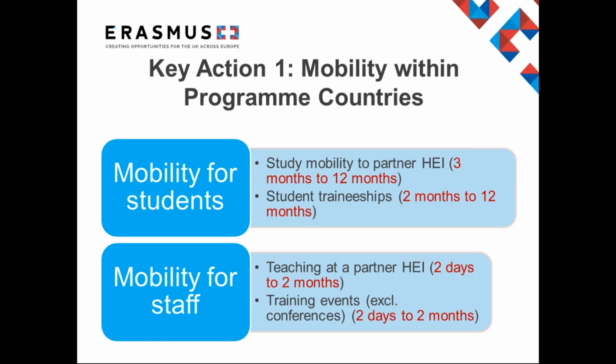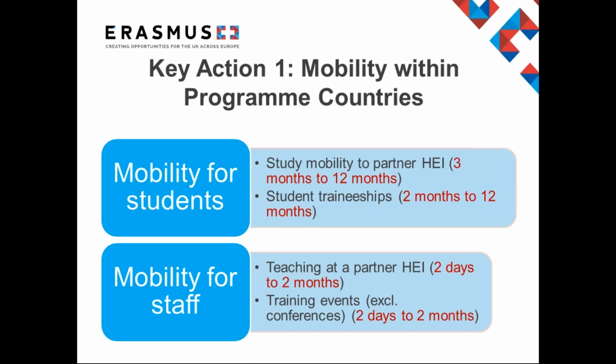Under Erasmus Plus, students can undertake a maximum of 12 months Erasmus Plus mobility per cycle. A cycle is equivalent to a bachelor's degree, a master's degree, or a PhD level degree. There are also teaching and training opportunities for staff. Teaching and training mobilities for staff must be from 2 days to 2 months long under this strand of funding.